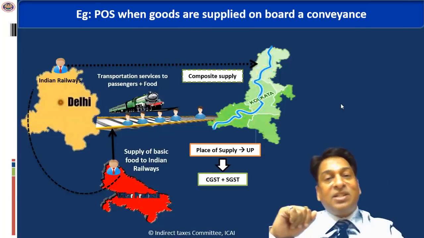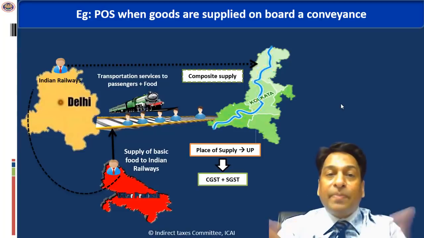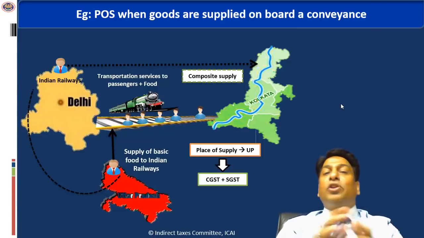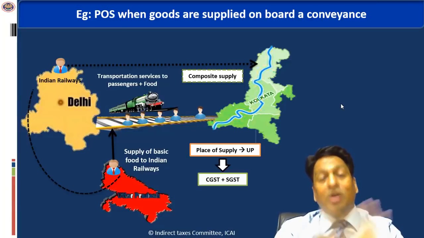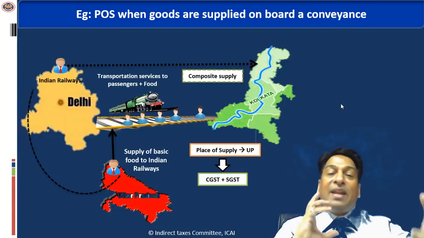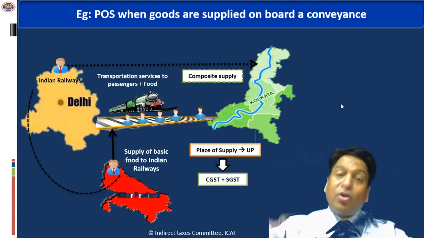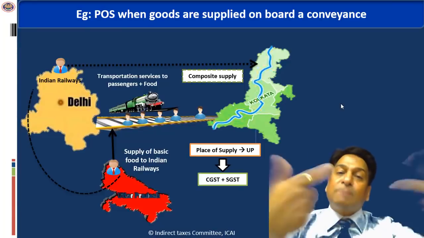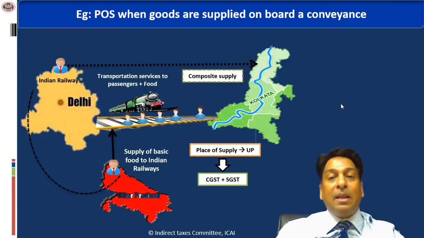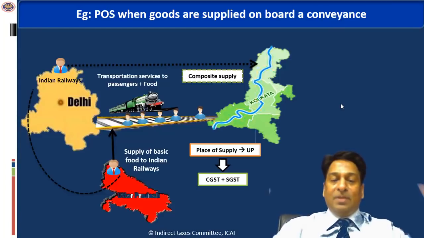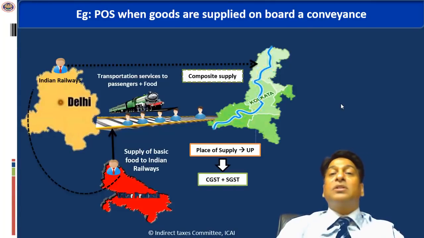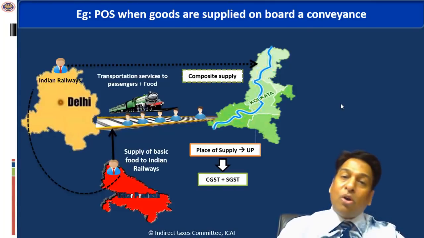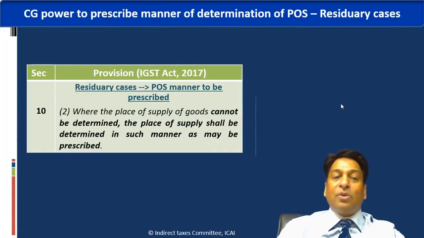CGST and SGST is being charged, and if Indian Railway is not registered in UP, they will not be given any credit. So this transaction is very, very important to determine intra and inter and corresponding credit available or not available. So I've explained passenger transportation services and when goods are being supplied on board a conveyance.